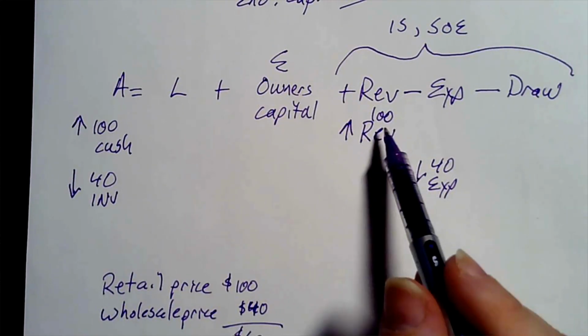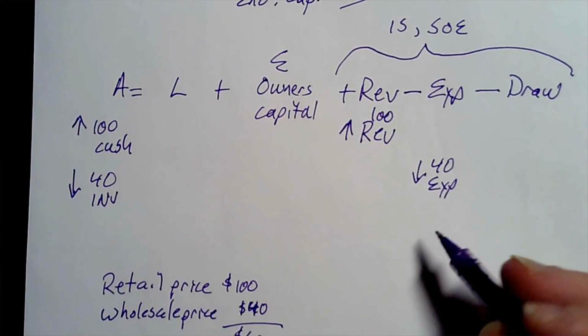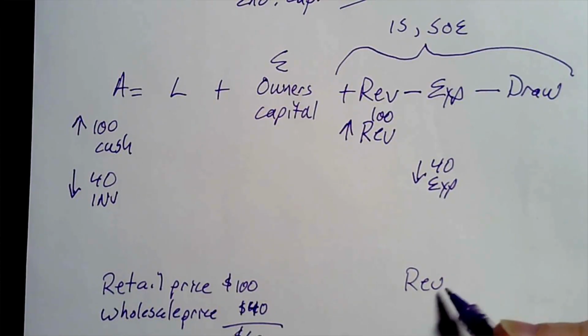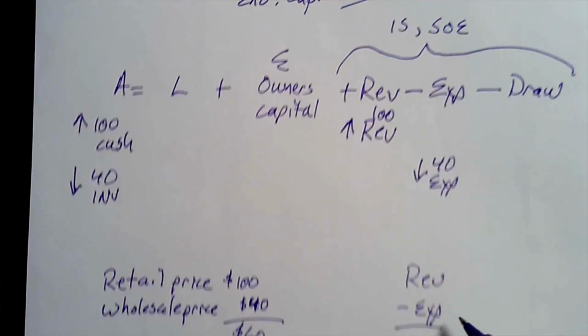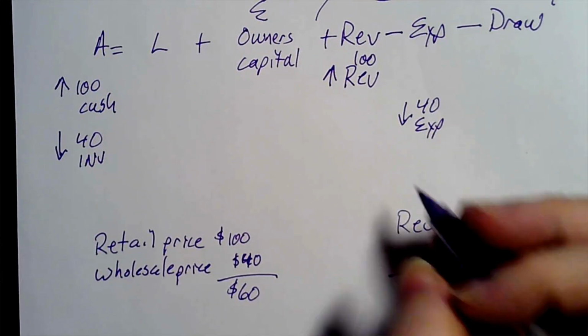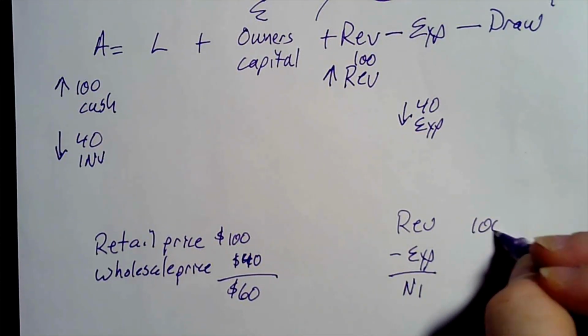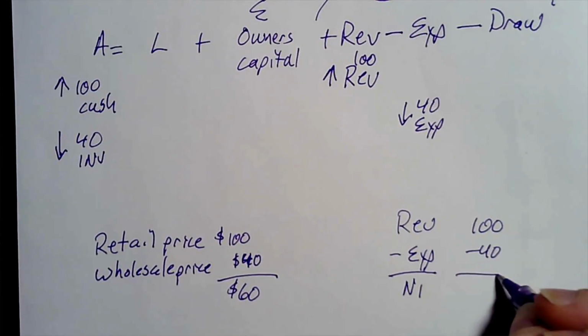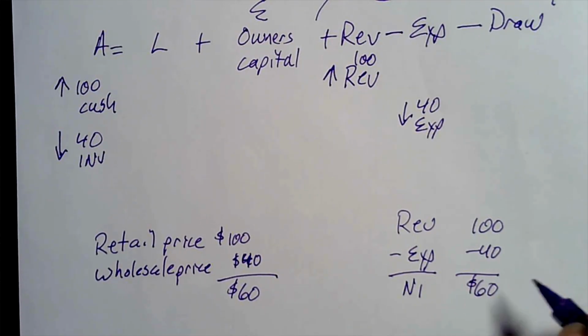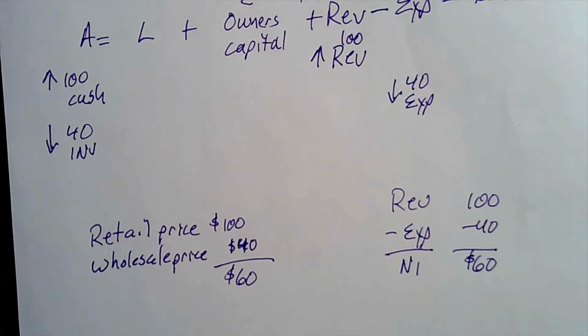But we'd still have a revenue and an expense. So when we have a revenue and expense, if I then plug that into my income statement, it'd be 100 minus 40, and that should leave us with a $60 profit.